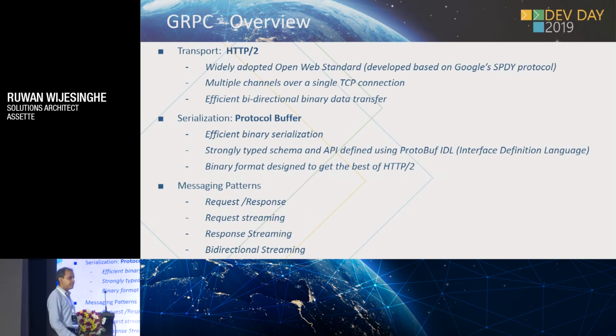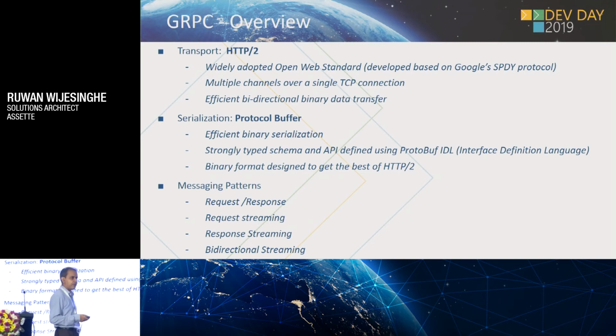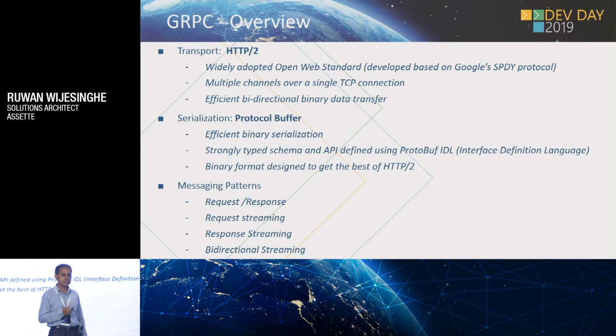Right? So if you take gRPC in particular, the key reason why gRPC is popular these days is HTTP2, the second generation of HTTP. HTTP 1.1 is very good for text-based communication, but it's not optimal for binary communication, right? And it's also not good for streaming because it was designed for a different purpose, to support web pages.